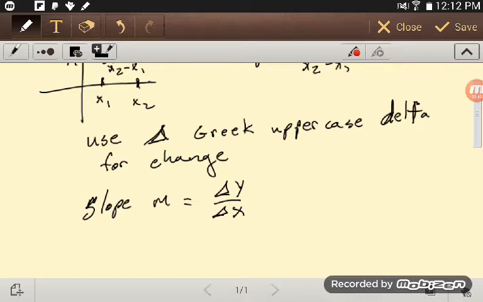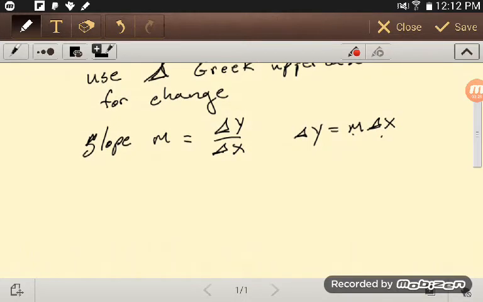Before we do that though, we can multiply both sides by delta x, and I could write this as the change in y is slope times the change in x, and that's an important relationship. So we want you to think about slope as the ratio of the change in y over change in x, but we also want you to think of the change in y as the slope times the change in x.